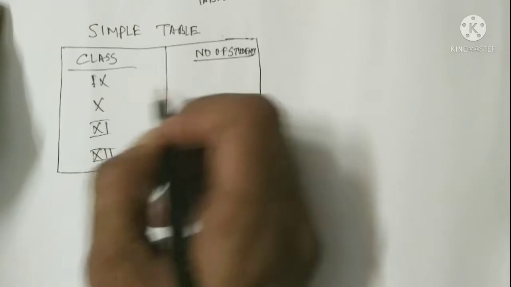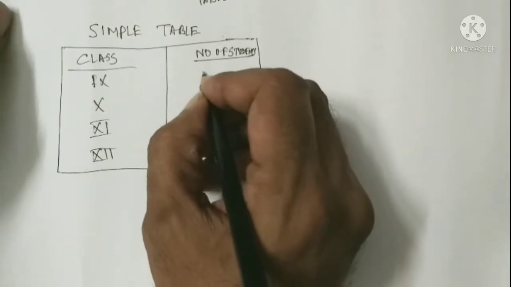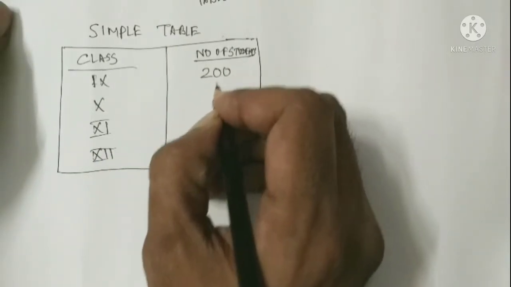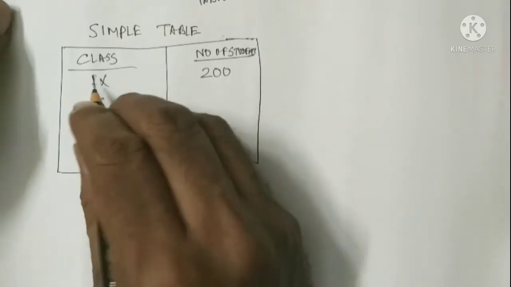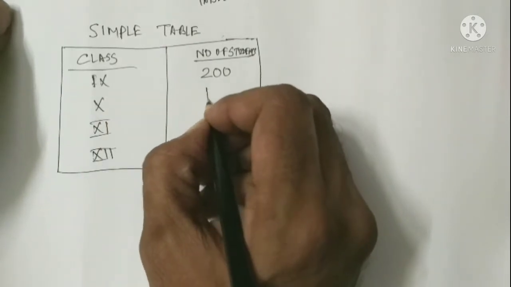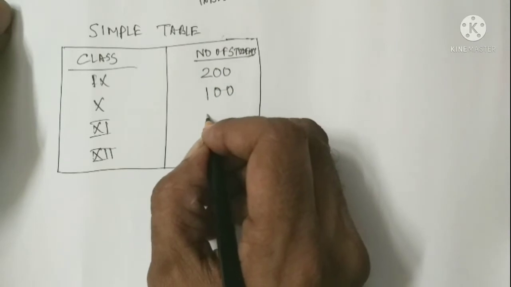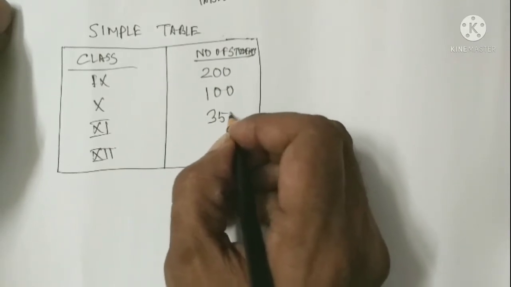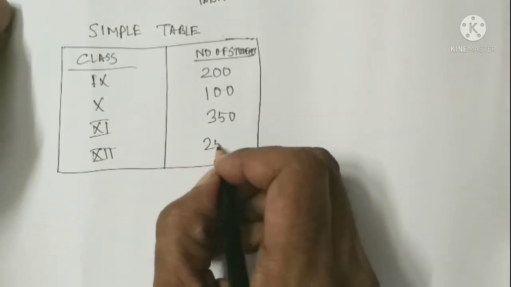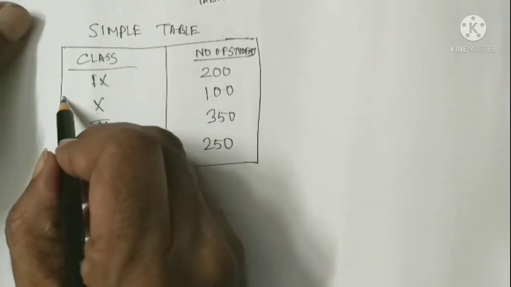That is 4 rows. In class 9 we get 200 students, class 10 we get 100 students, class 11 we get 350 students, and class 12 we get 250 students.